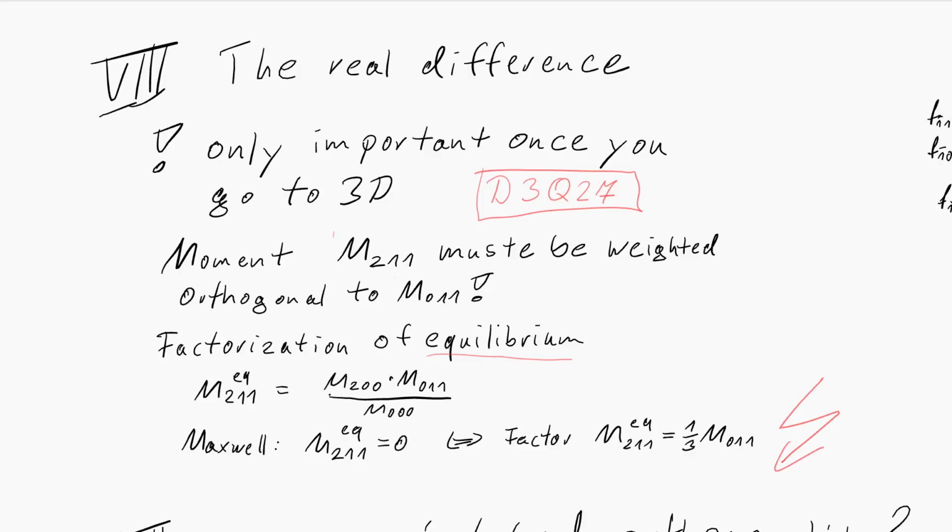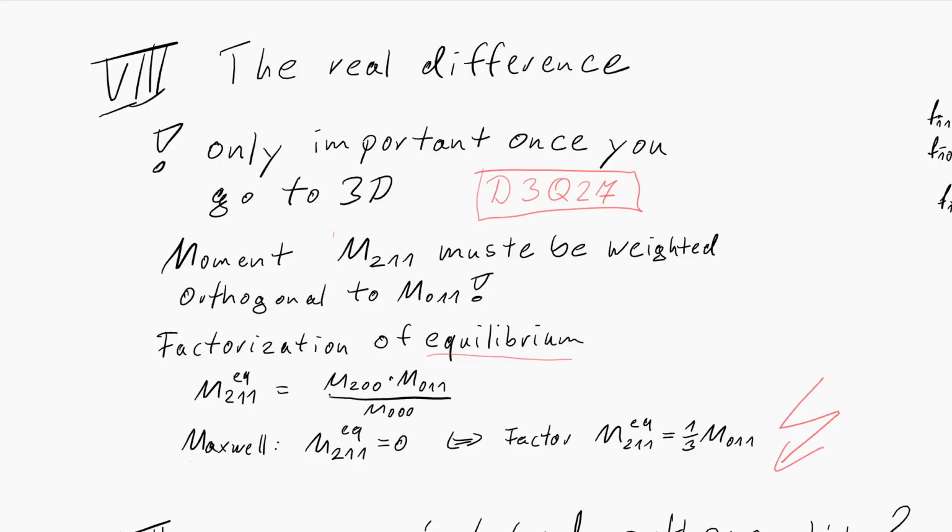At the same time, there's a Maxwell equilibrium, and because it has odd coefficients, it's unsymmetric, and so its equilibrium in the Maxwell sense would be 0.